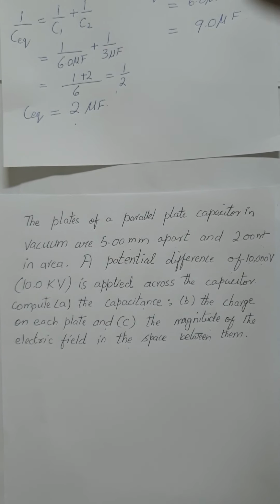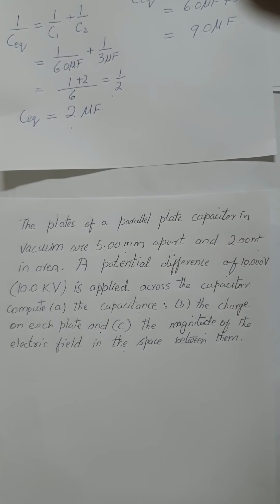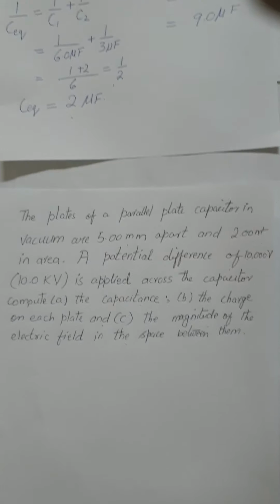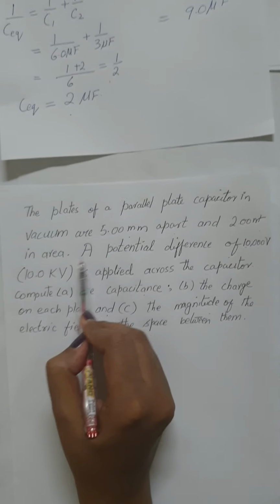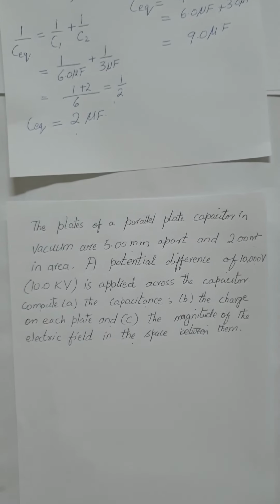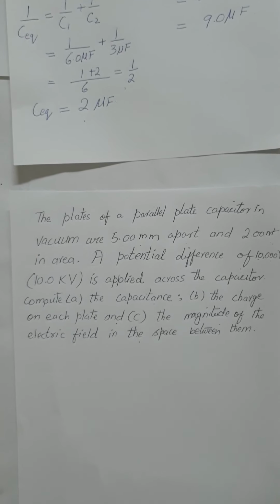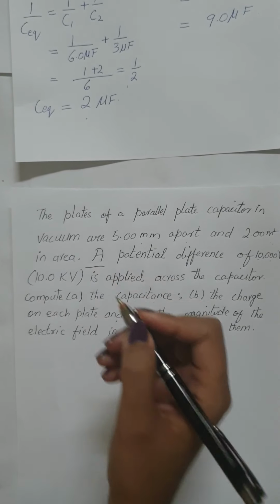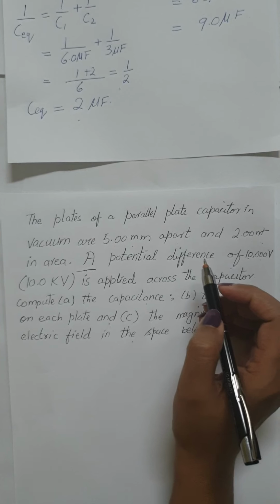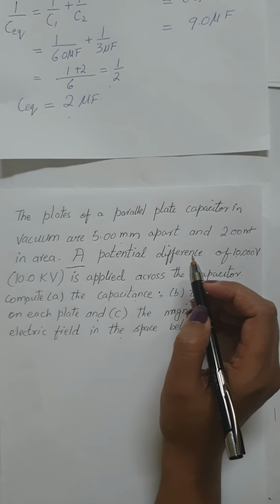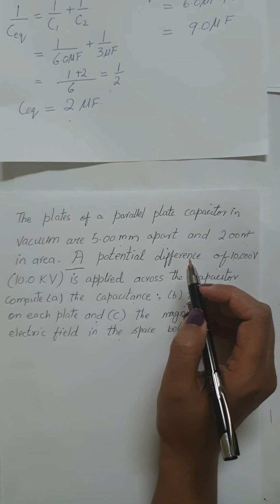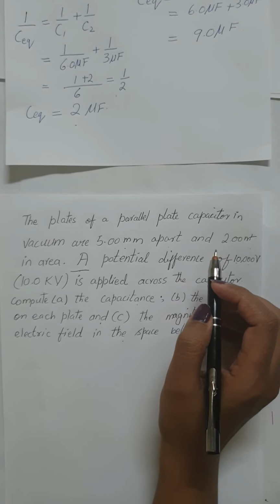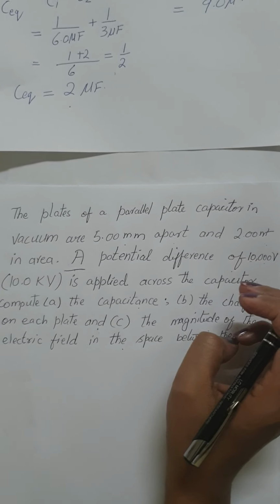So we are given the plate area A, we are given the plate spacing d and the potential difference VAB for the parallel plate capacitor, and we need to find capacitance, charge and electric field.